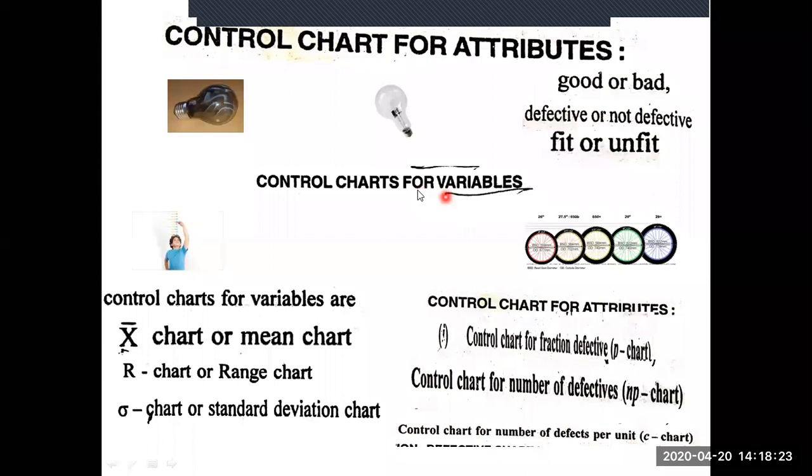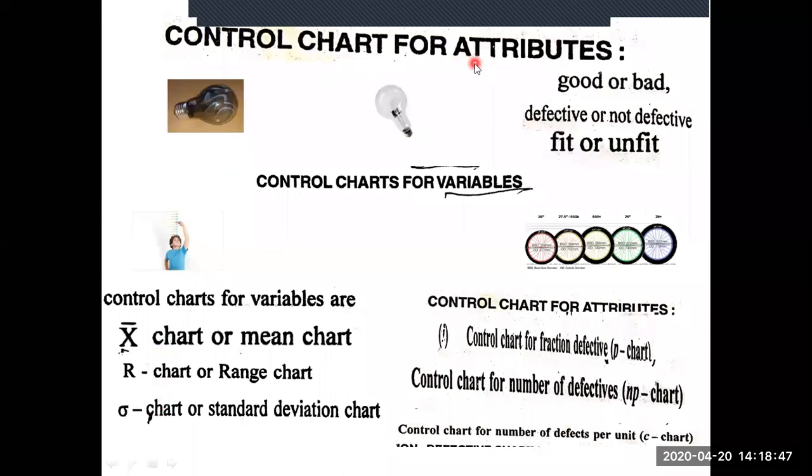If the characteristic is measurable, you can do it in the control chart for variables. The different charts are the X bar chart, the range chart or R chart, and the sigma chart or standard deviation chart.